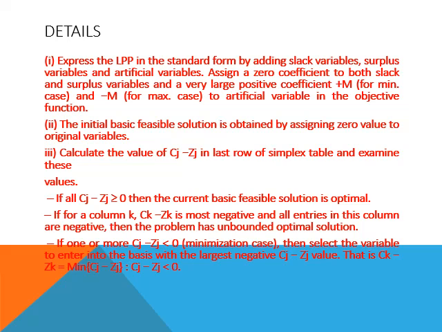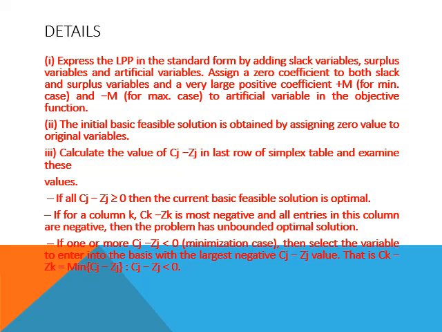Now we face two steps. The first step concerns the transformation of the objective function, making the objective function a zero equation, by adding slack variables with the coefficient 0 and subtracting artificial variables.